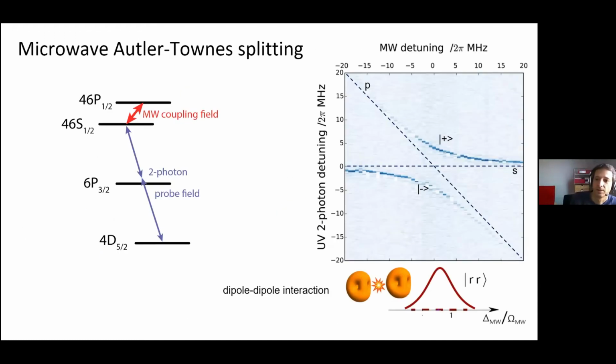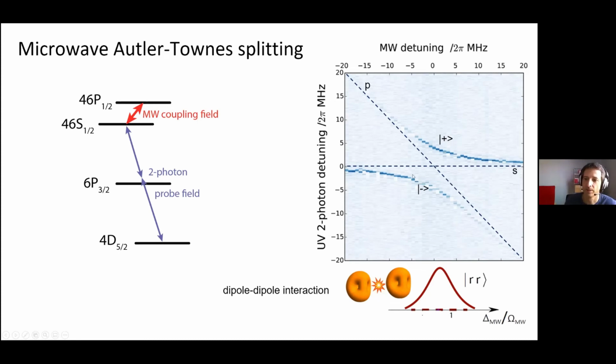If you then do spectroscopy of these dressed, microwave-coupled levels, you can change the microwave detuning, and you can change the detuning of your 2-photon transition to the Rydberg state.